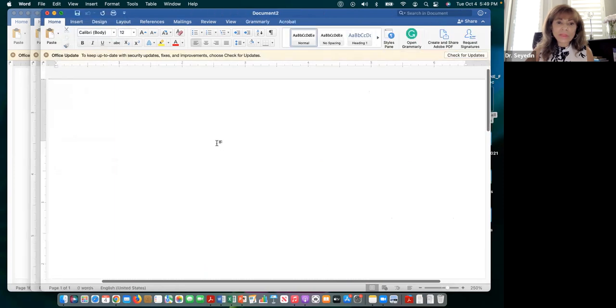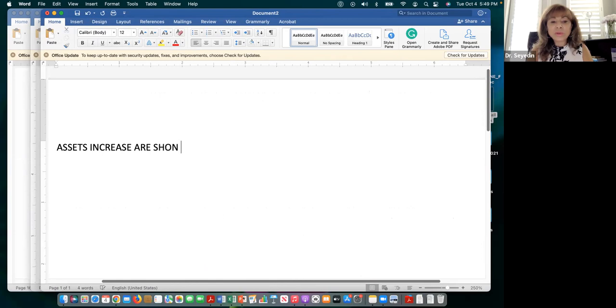There you have it. Okay, so that's how we're going to do it. We say assets increase are shown on the left side of an account.